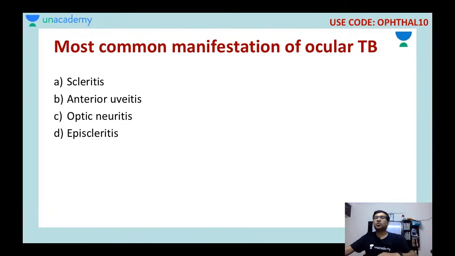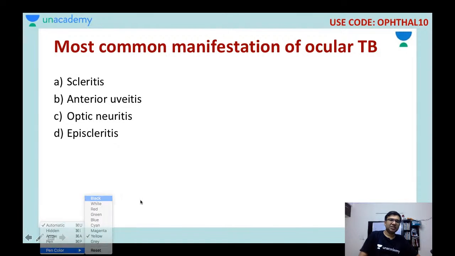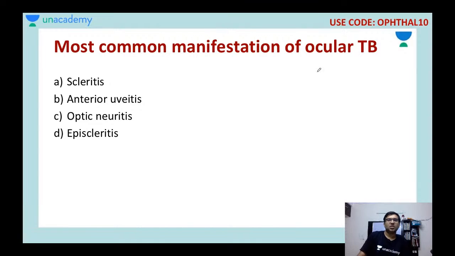The next question is, not the most common ocular manifestation of ocular tuberculosis. Your options are scleritis, anterior uveitis, optic neuritis, or episcleritis. So the most common manifestation of ocular tuberculosis is anterior uveitis.